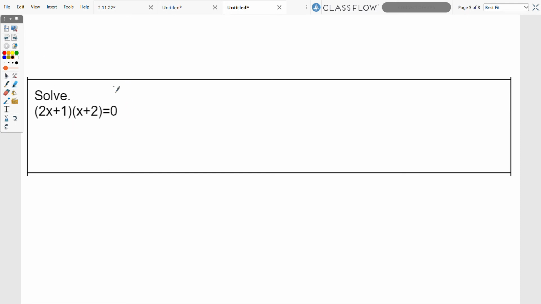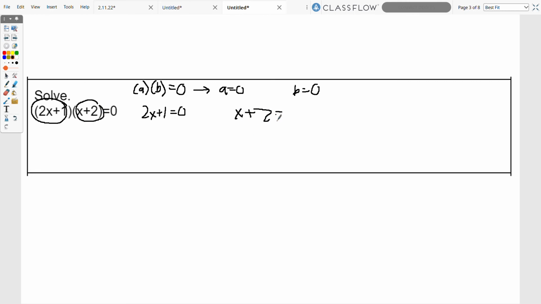Now we're going to solve another quadratic equation, and as long as we remember that whenever two things are multiplying by each other and equaling 0, we can make the first term equal to 0 and the second one also equal to 0. In this case, 2x plus 1 multiplied by x plus 2 equals 0. So we take the first term, 2x plus 1, set it equal to 0, and then take the second one, x plus 2, and also set it equal to 0.